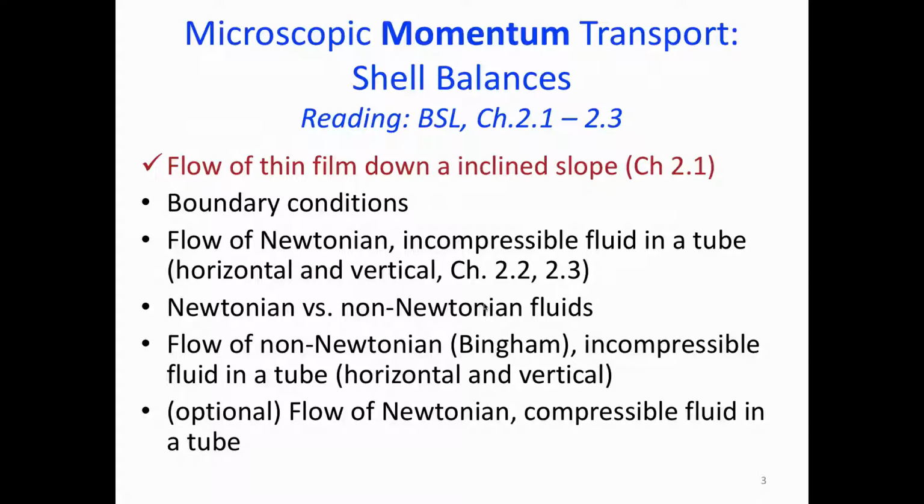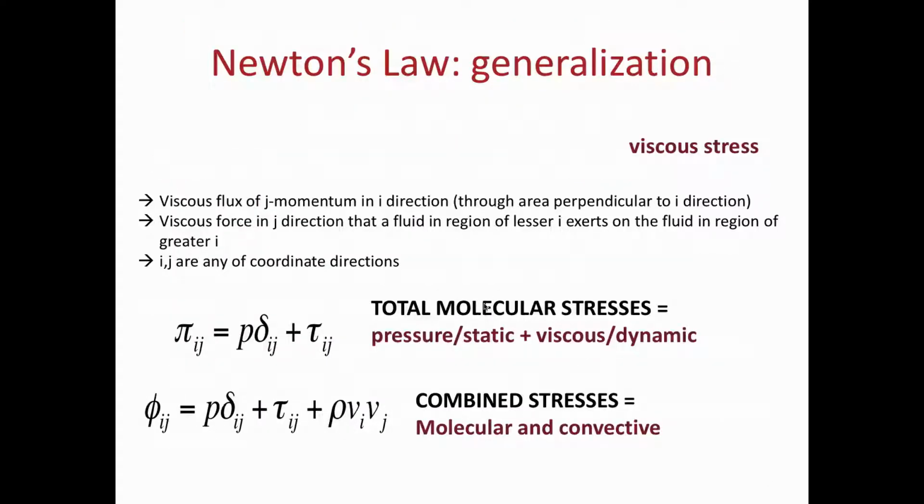So basically we figured out, just to recap all of the formulas, we have defined Newton's law first in a very simple case where I only had tau yx, but then we generalized it for any kind of flow in any kind of situation, and in that case we have defined our total molecular stresses, which combine thermodynamic pressure and viscous shear stresses.